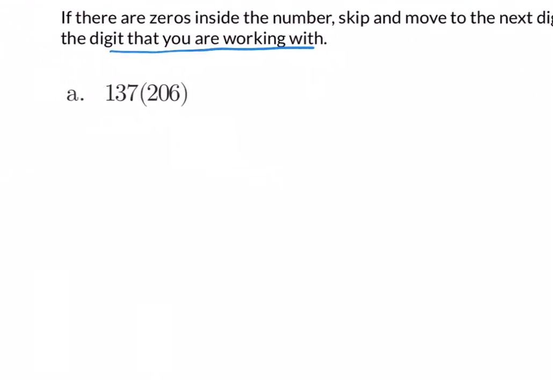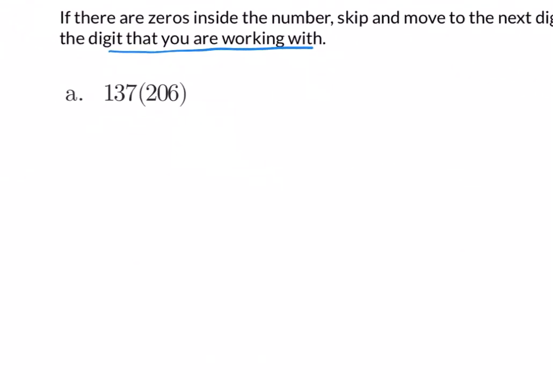All right, so let's see what I mean by that. So when I look at a problem like 137 times 206, I actually want to put my 137 on top, just because 206 has only 2 digits here that I have to multiply by. So I'm going to put my 137 on top.